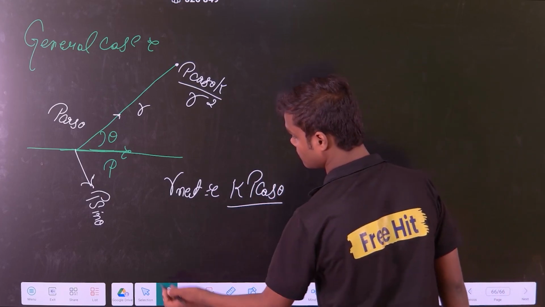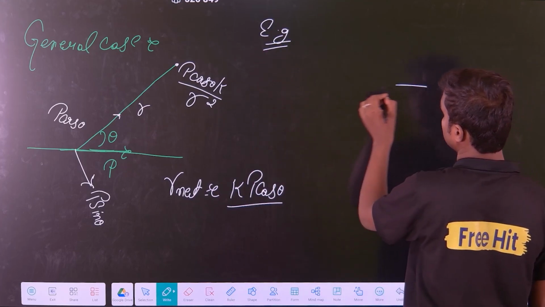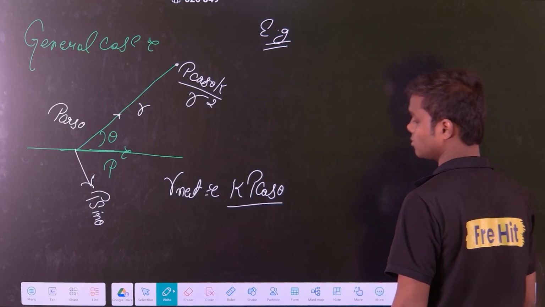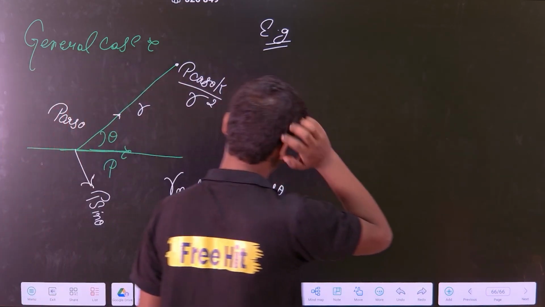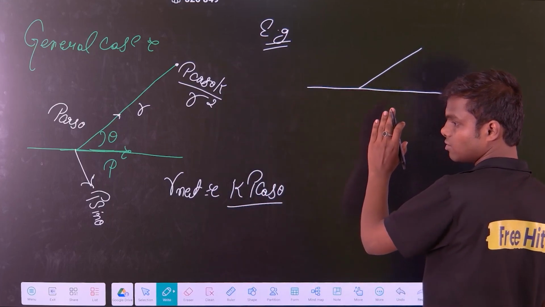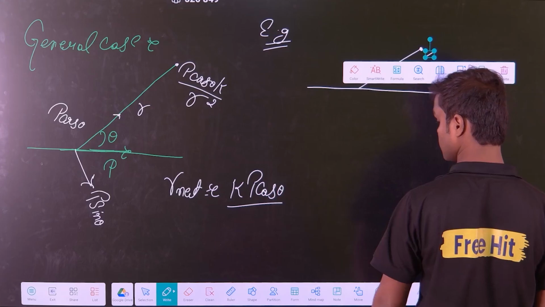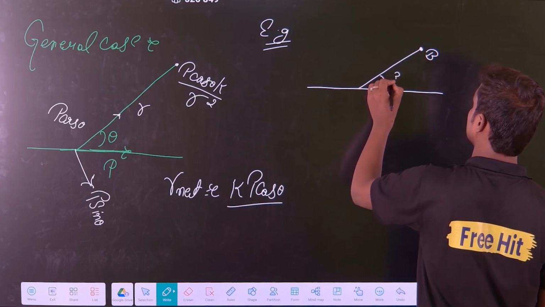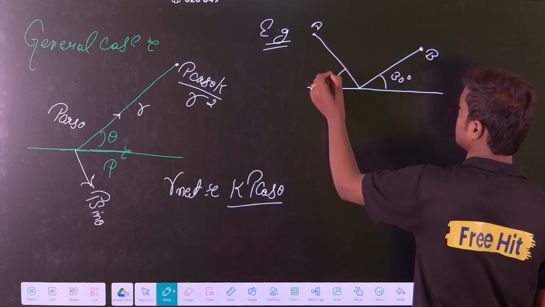So let us take one example. Suppose there is a dipole with dipole moment p, okay, from position B. This is my position B. This angle is suppose 30 degree, and this is position A, and suppose this angle is 60 degree.